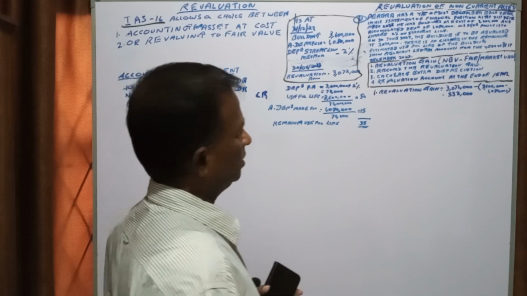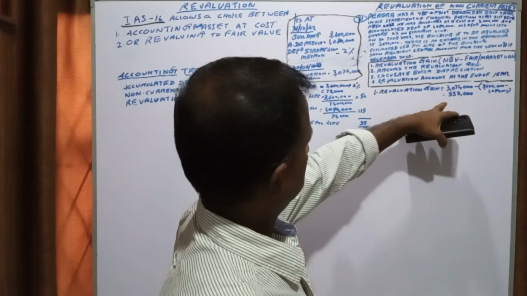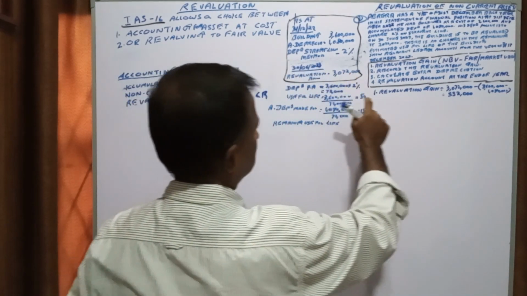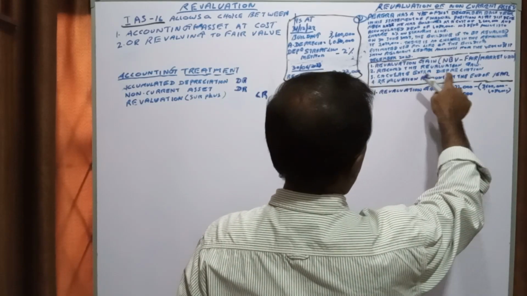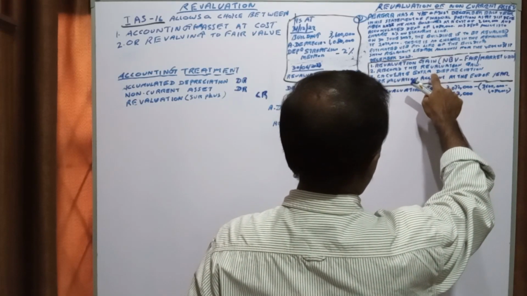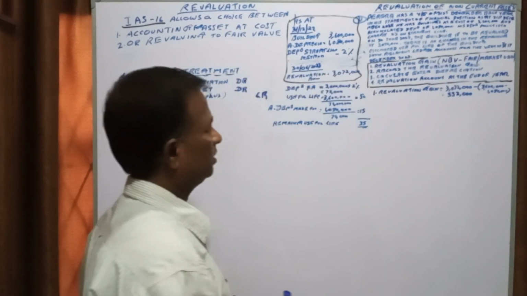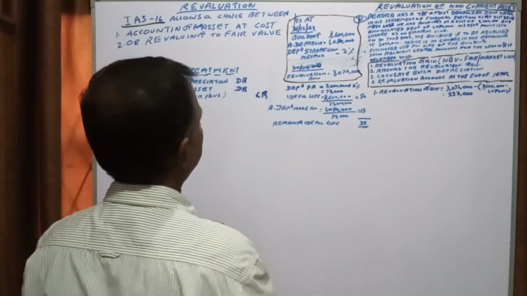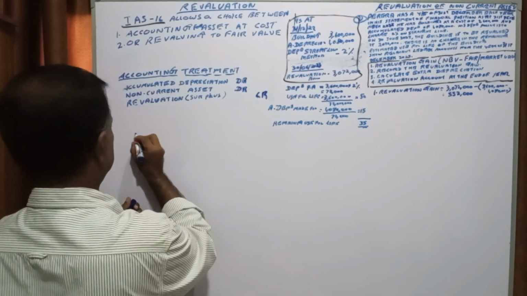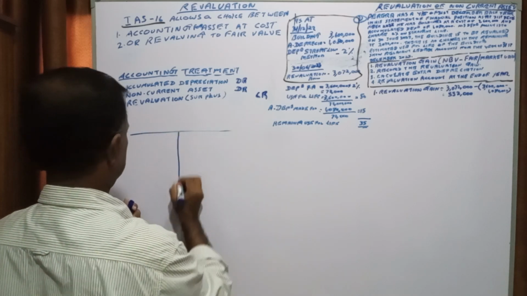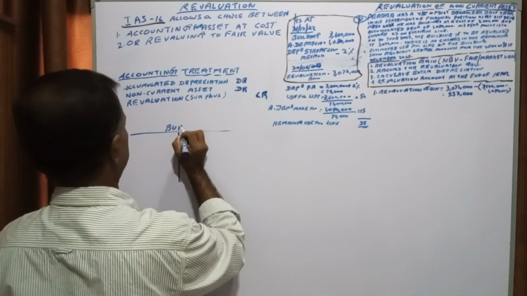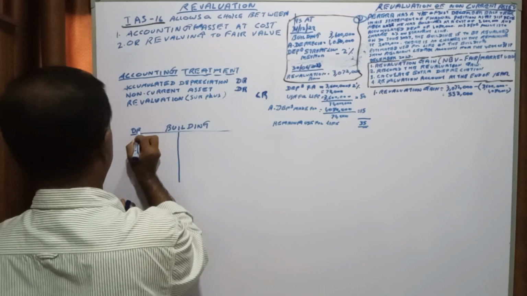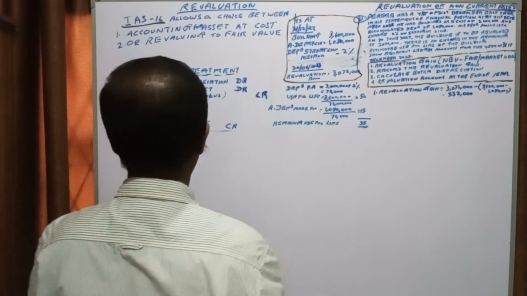I said December for this particular transaction. Record the revaluation gain. Then you have to open the accounts. Building account, debit, credit, right?